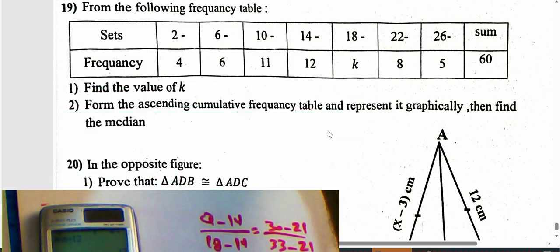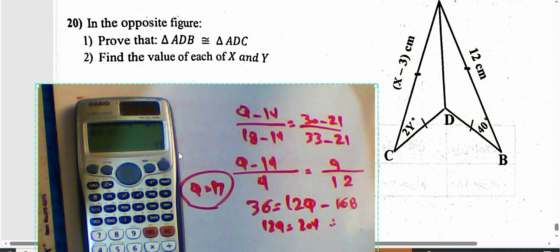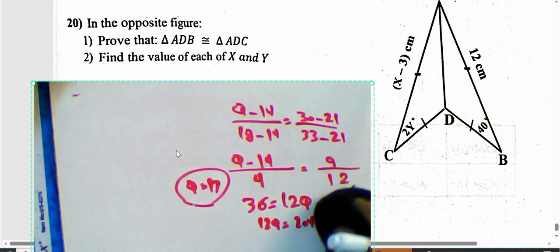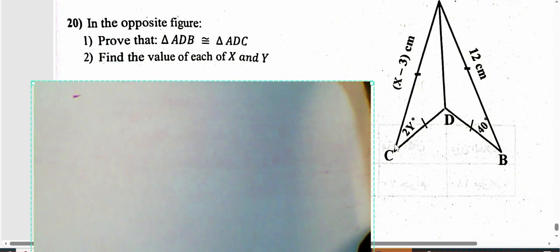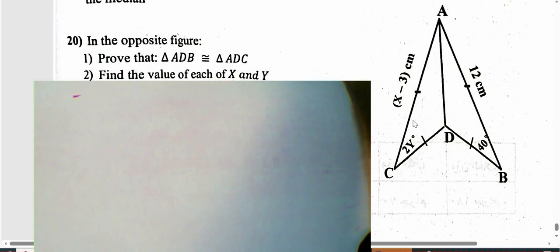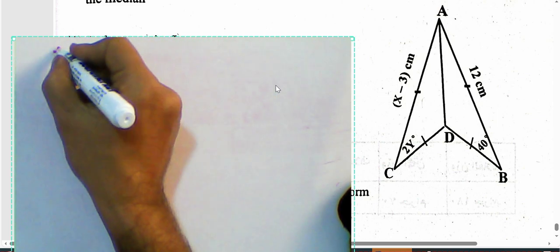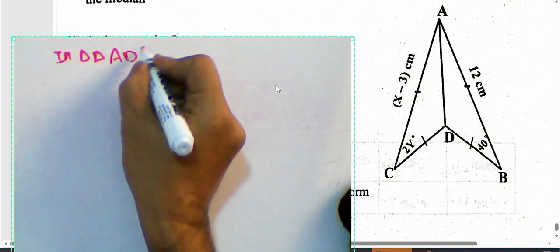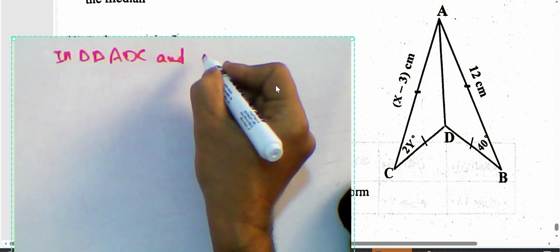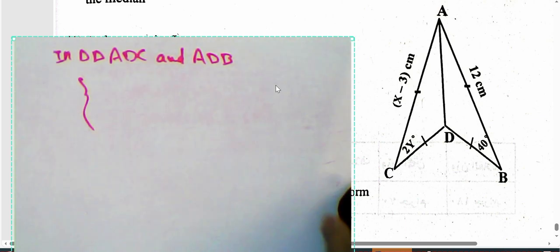Next question. In the opposite figure, prove that the triangles are congruent. Okay, we can prove that. We have three equal sides. The first side, the line segment, is a common side between two triangles, and we have two corresponding sides that are equal. Then we can write in two triangles ADC and ADB, we have these relations.